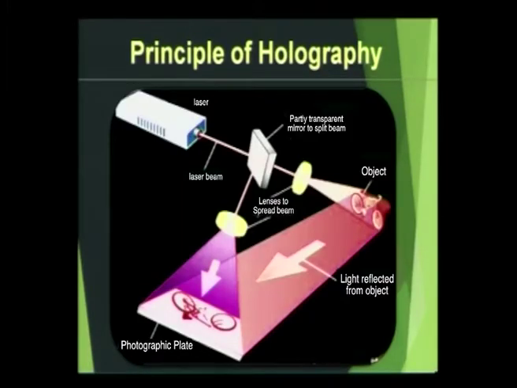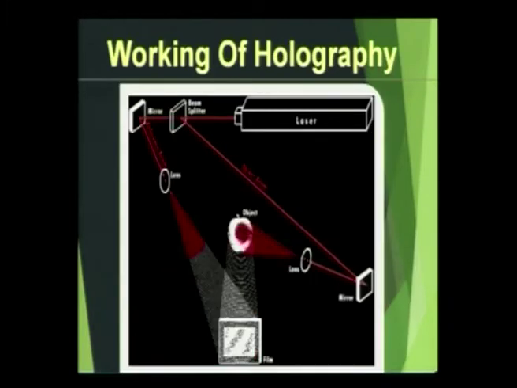Again, as I told you, there is one beam which is called the reference beam, which does not interfere with the object, whereas the other one falls on the object. You have an animation which clearly shows the principle, wherein you have the laser here, the beam splitter splits the light, one falls on the mirror and comes here directly. It has nothing to do with the object.